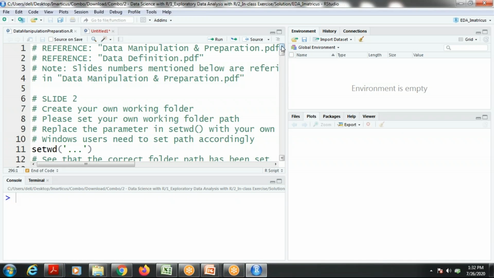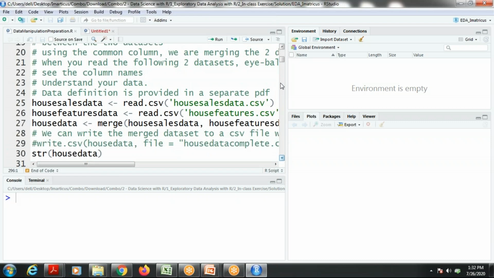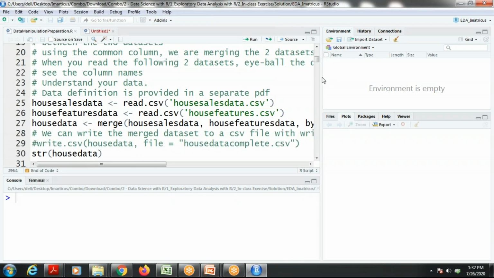Now the data is: the first is the house sales data, and the second is the house feature data. So I'm going to read it.